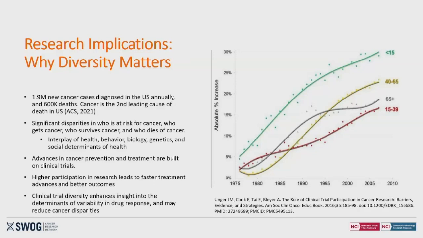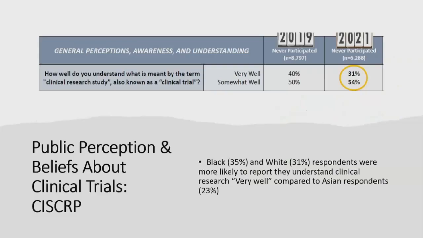So we know all of this, but what does the public think about clinical trials? Well, the Center for Information and Study on Clinical Research and Participation, CISCRP, conducts a global study on the public and patients' perception of research every 2 years.